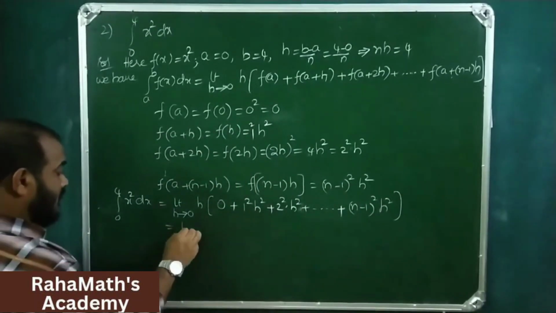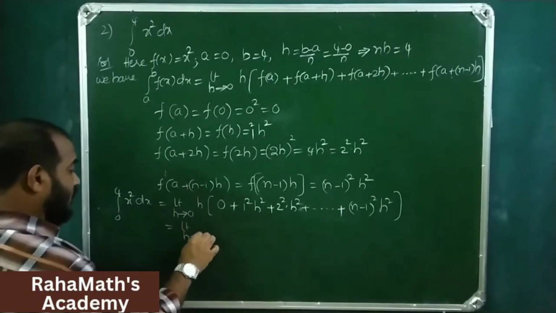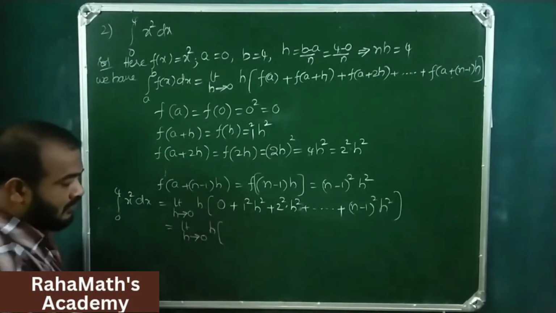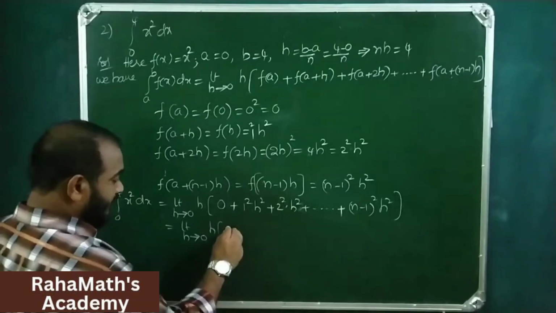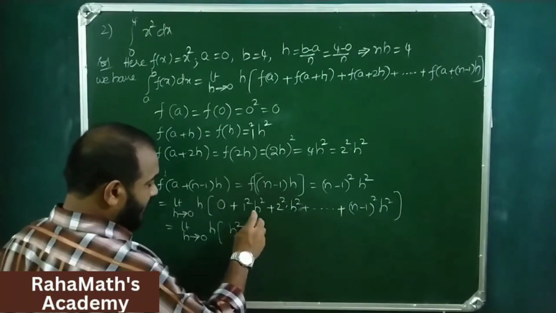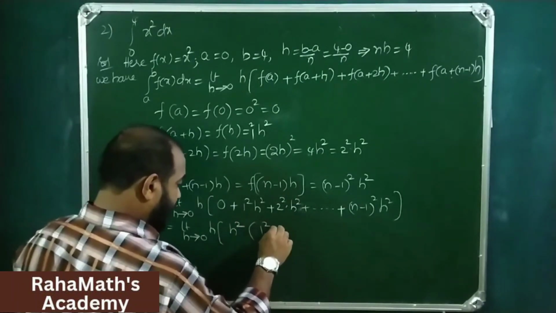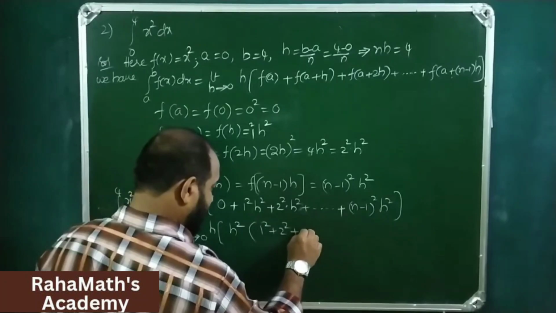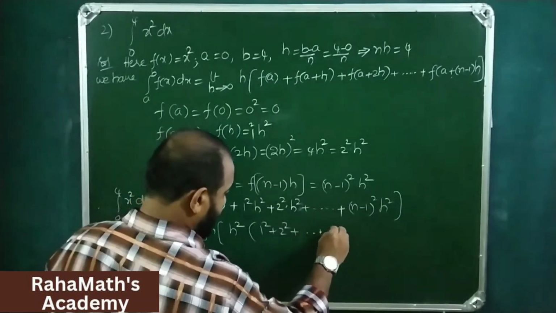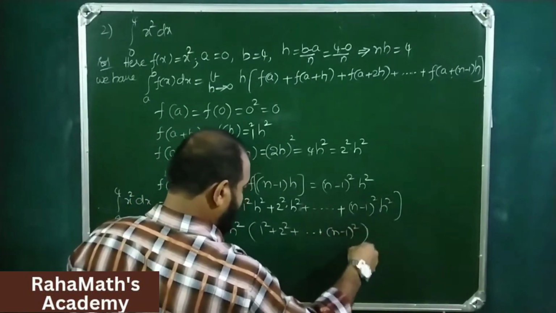So this equals the limit h tends to 0 of h into, taking h square common, 1 square plus 2 square plus, etcetera, plus (n minus 1) whole square.